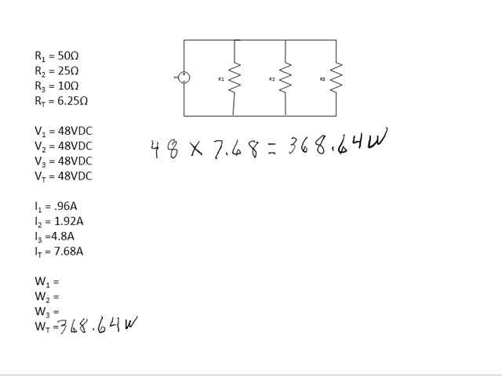We also need to find the power dissipated by the individual branches. To do that, we'll take the applied voltage of 48 volts and multiply it by the current drop for the individual branches. Our first one is going to come out to be 46.08 watts.